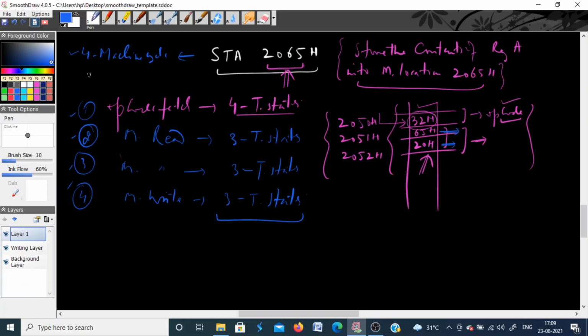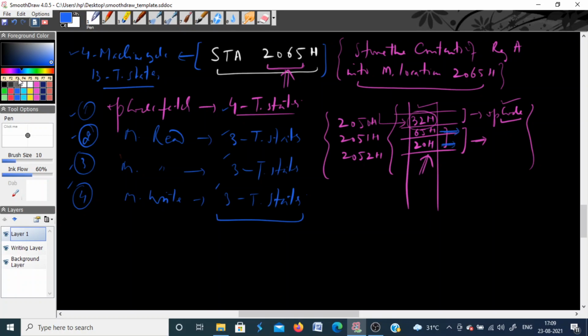How many T states will be required? 4 plus 3 plus 3 plus 3, so you need 13 T states. This instruction requires 13 T states and 4 machine cycles for execution.